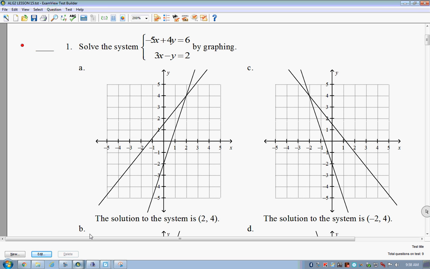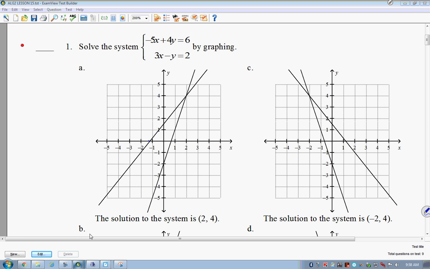If I want to know where this equation crosses the x-axis, I plug in 0 for y and solve for x. I'd get negative 5x equals 6. I'd divide by negative 5 and get negative 6/5, which as a decimal is negative 1.2. That looks like that spot right there.